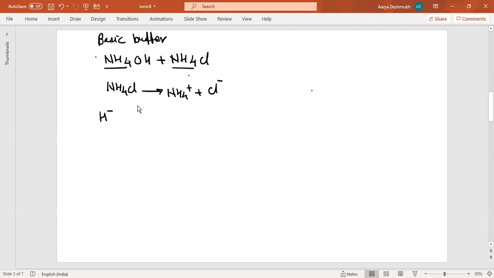You are adding an acid, which is shown by this H plus ion, and NH4OH is already in the basic buffer. It will react to give NH4 plus and a water molecule. So this removal of added H plus is called the reserve basicity.